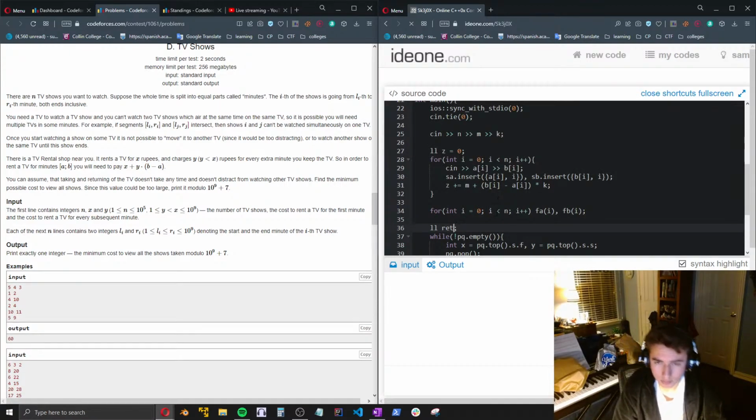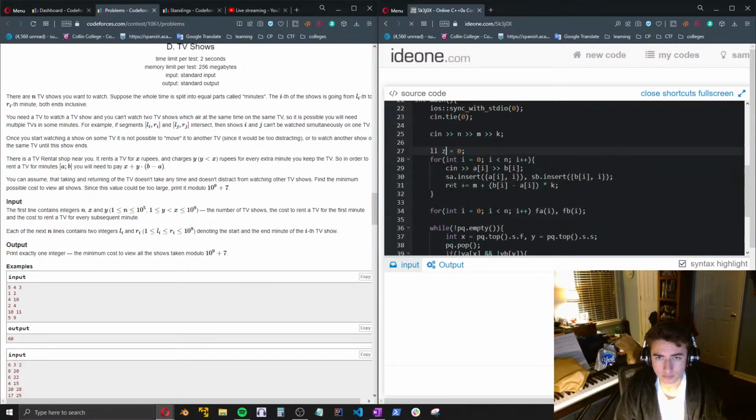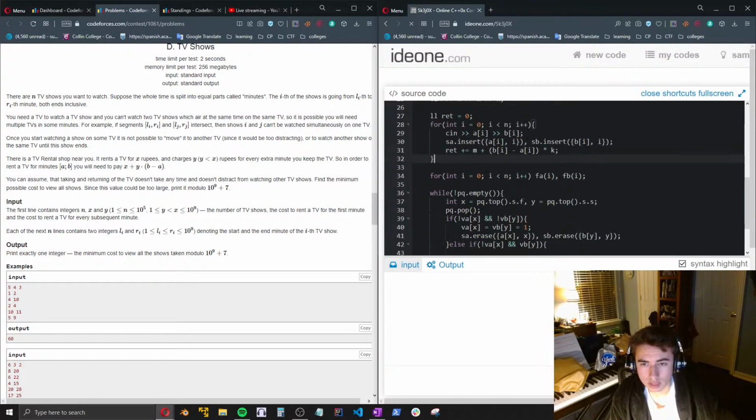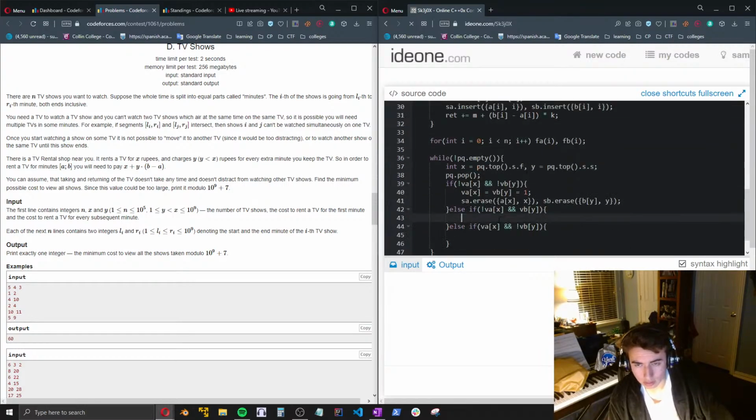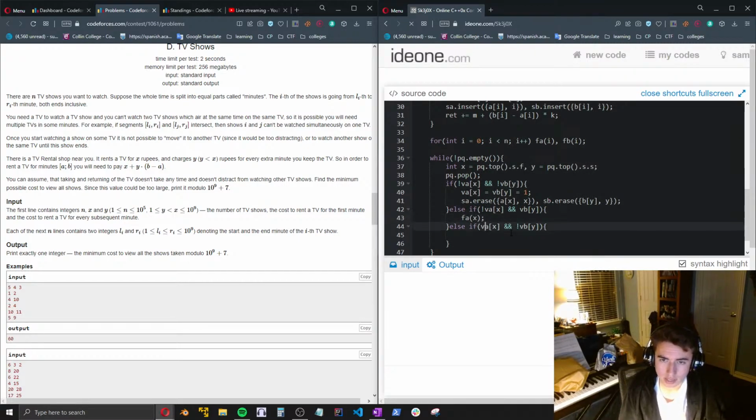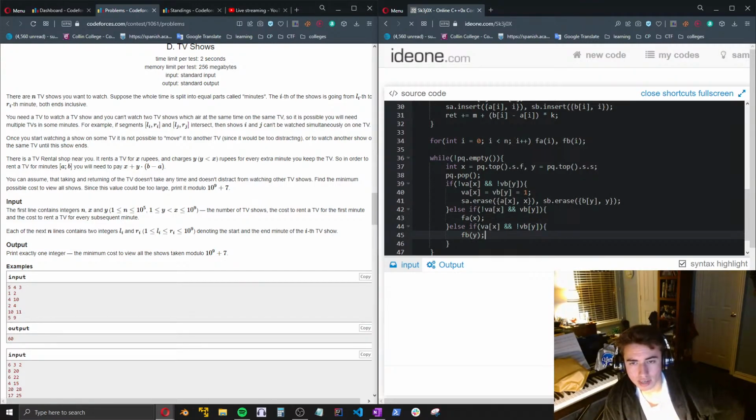That works. So we can just get rid of this and call this red. And here we need to do fa of x, and here we do f of y, because this means that we need to instead find the new interval.